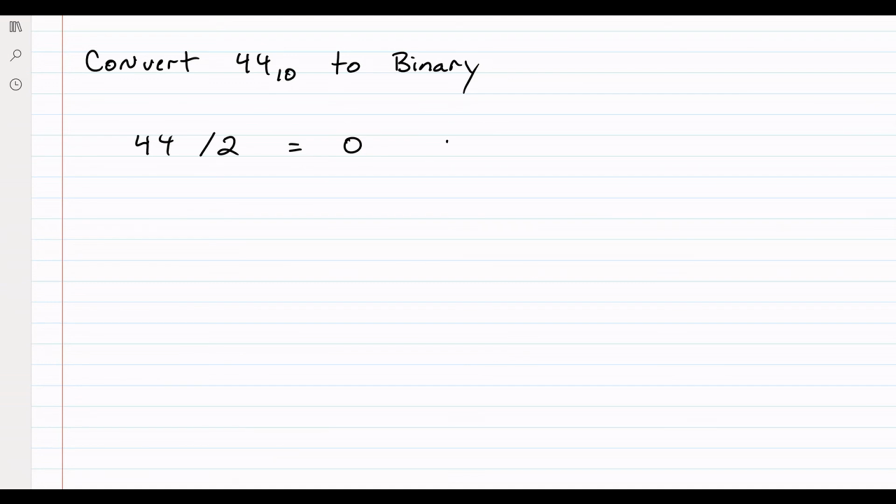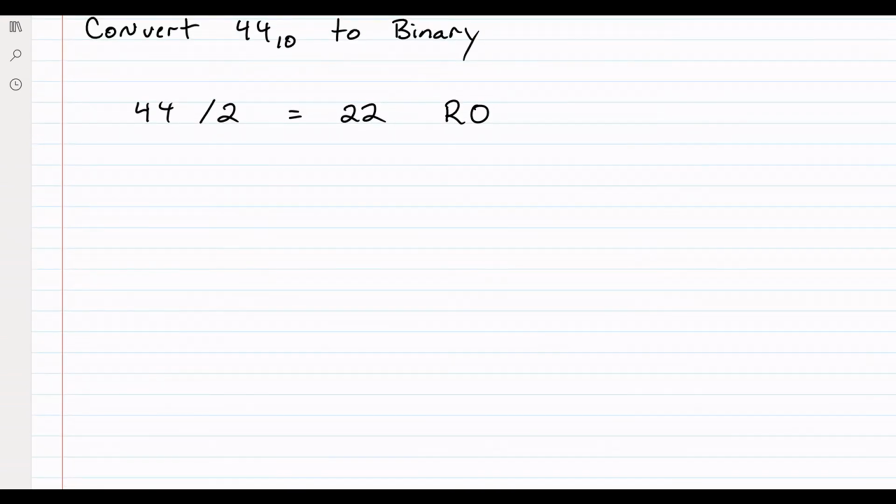Okay, oh sorry, not 0. 22, remainder 0. Okay, 22 divided by 2 is 11, remainder 0. 11 divided by 2 is 5, remainder 1.